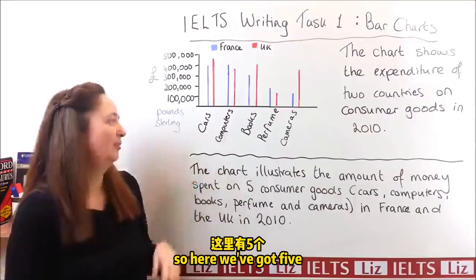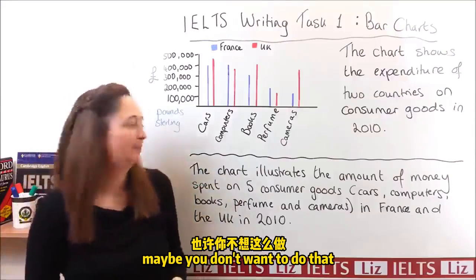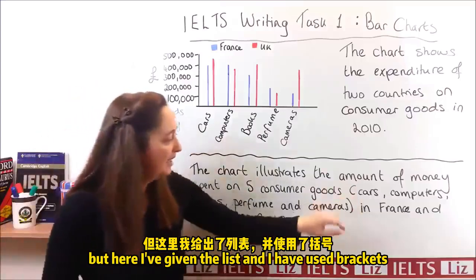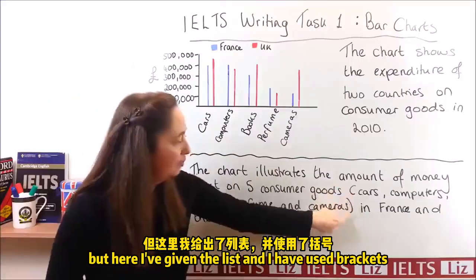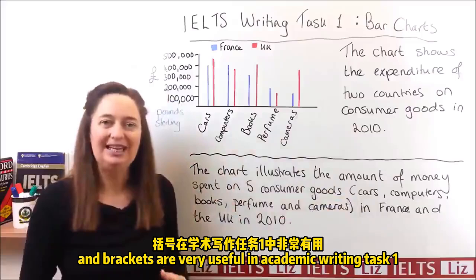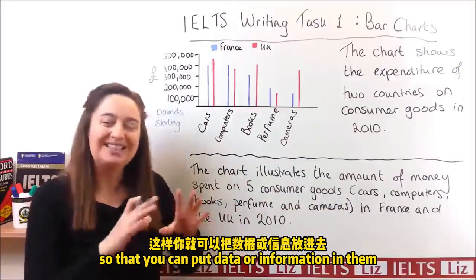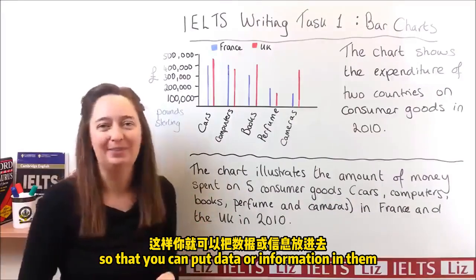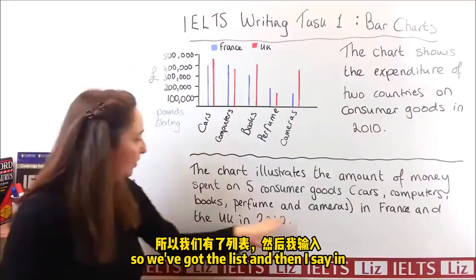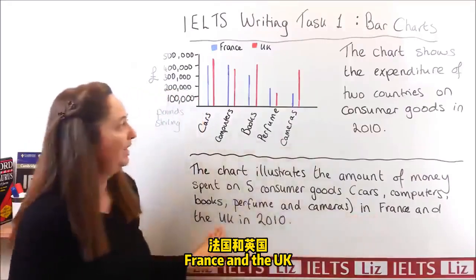So here we've got 5. If it is over 8, maybe you don't want to do that and you just give the number. But here I've given the list and I have used brackets. And brackets are very useful in academic writing task 1 so that you can put data or information in them. Perfectly normal to use.